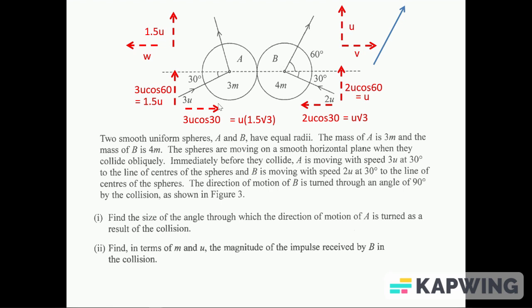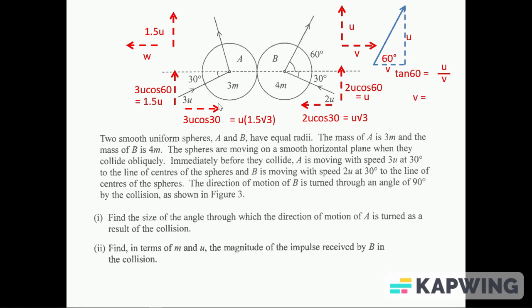Now, because it tells me the angle that B turned through, I can draw the velocity of B like this, and I know that those components are v and u, and that angle's 60 degrees. So I can write the v in terms of u now. Tan 60 is u over v.